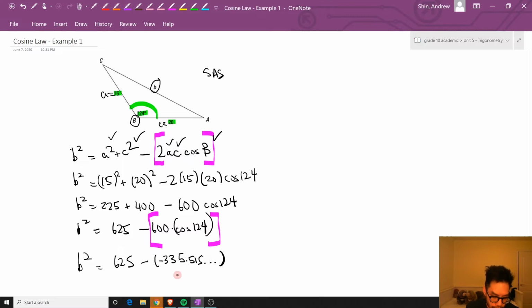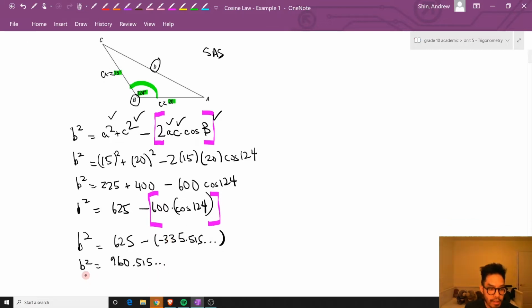Two negatives become a plus sign. So we're going to be adding 625 plus this number in my calculator. That should be 900 something, 960. b squared equals 960.515 dot dot dot.